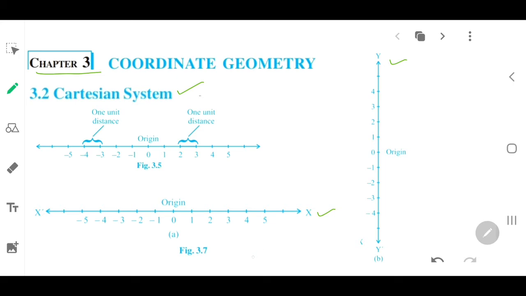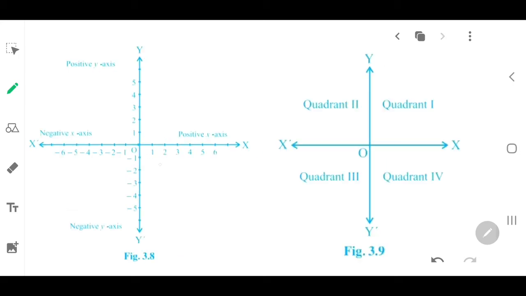When both x and y intersect at a point 0, they form this type of graph. So that is our Cartesian system.